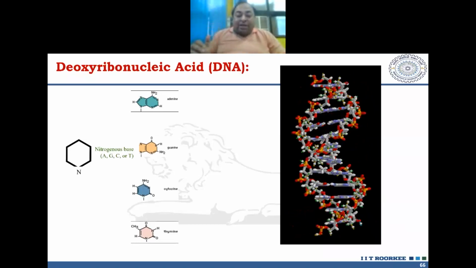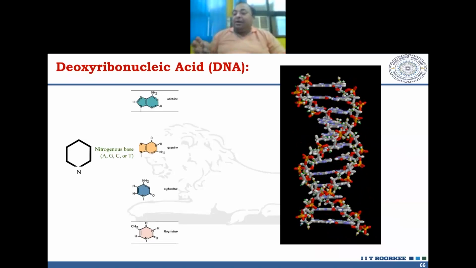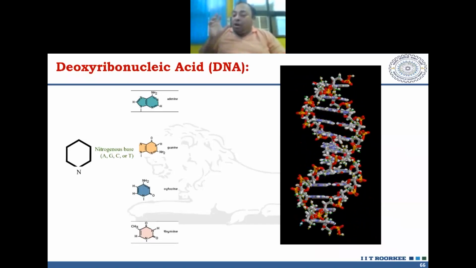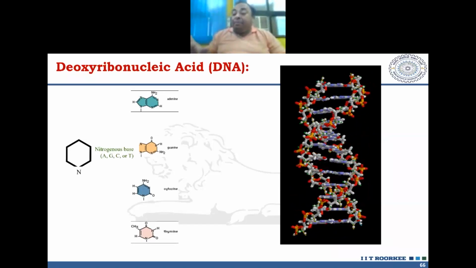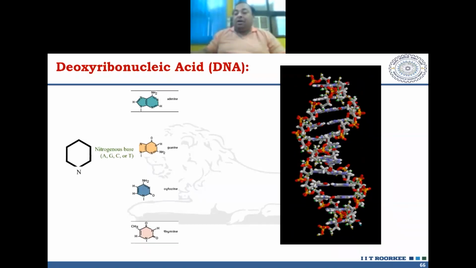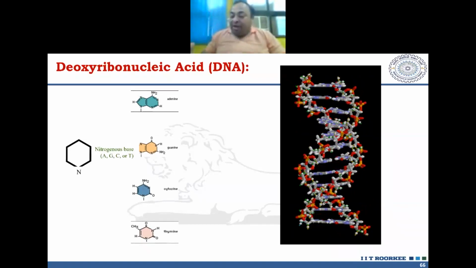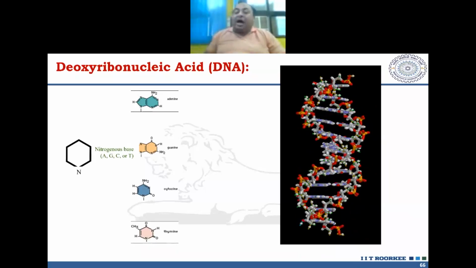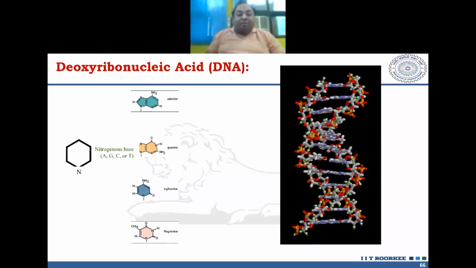And cytosine, thymine, and uracil, they are 3 with only 1 ring. They are smaller, so they are called by a bigger name, pyrimidine. So purines are 6-membered followed by 5-membered ring. Pyrimidines are only 6-membered ring. I hope this will help you remember.